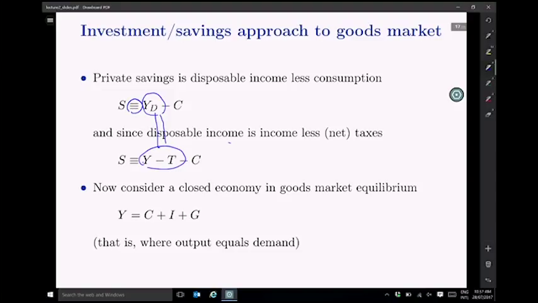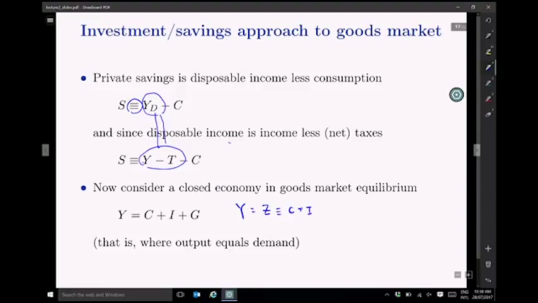And next, remember the equilibrium condition we have used so far is Y equals Z, which is C plus I plus G, right? And now what we want to show you is that this equilibrium condition leads to another condition.